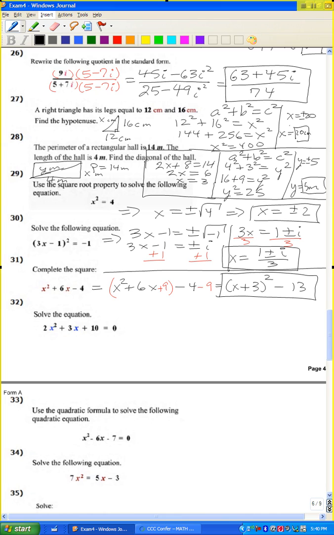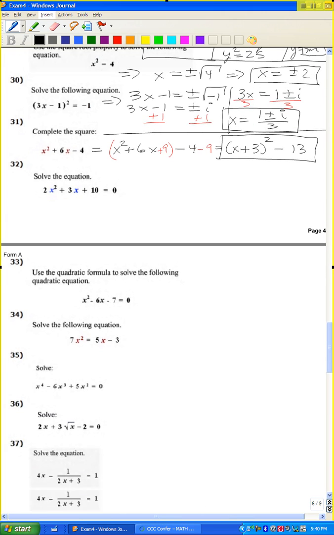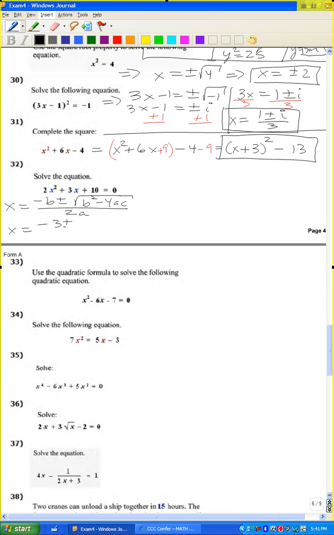Let me do problem number 32. I guess I can't really factor this, so let me use the quadratic formula. x equals negative b plus or minus the square root of b squared minus 4ac, all over 2a.